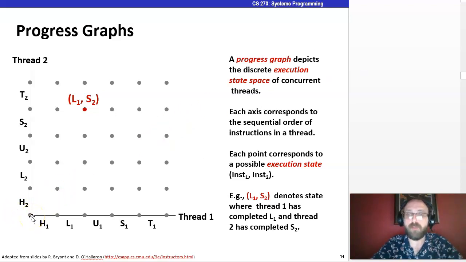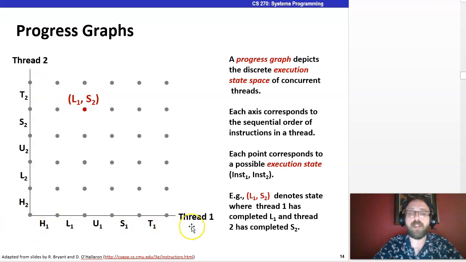Because these threads are running concurrently, the things in thread 1 and thread 2 can, relative to each other, happen in different orders. But within a single thread, things are happening sequentially. That is, head 1 always executes before load 1, before update 1, before store 1, before tail 1. So what we'll do is plot those out in 2 dimensions.